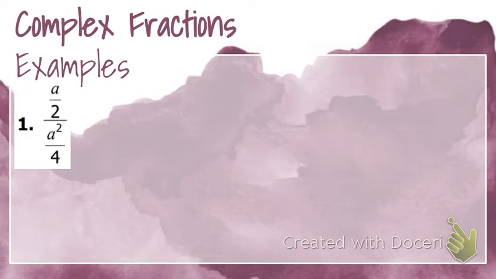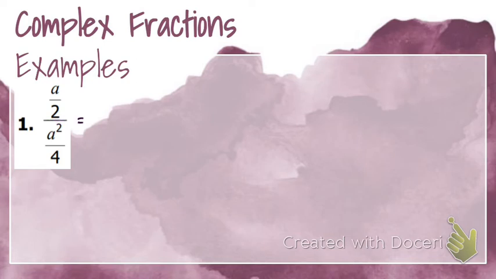Numero uno. We have a over 2, all divided by a squared over 4. A fraction and a fraction within a fraction. Wow. Okay. So the first thing that I'm going to do is remind myself that a fraction bar just means division.